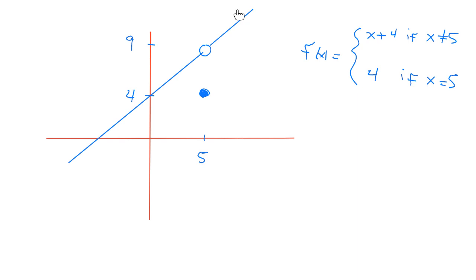Okay? So this one is not continuous. It's definitely not continuous at 5. But it's a removable discontinuity. The reason why it's removable is because we could say this is not continuous because of that number misdefined right there. What would this number need to be for this to be continuous?